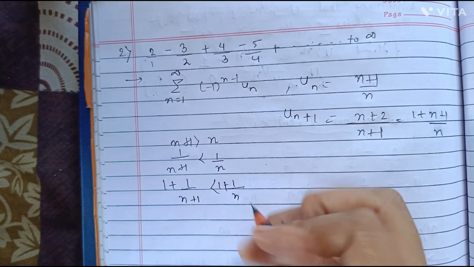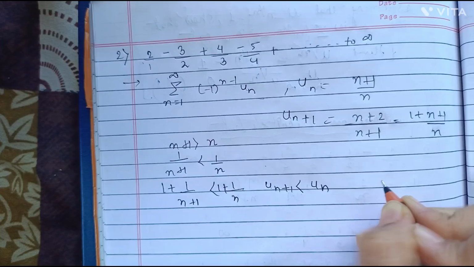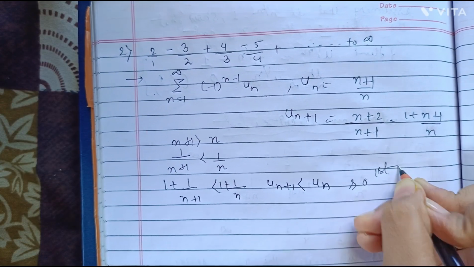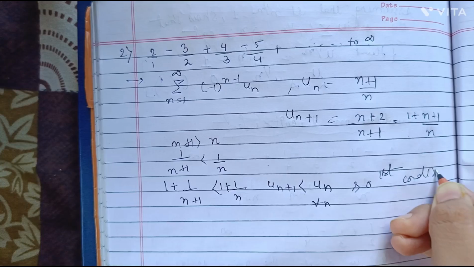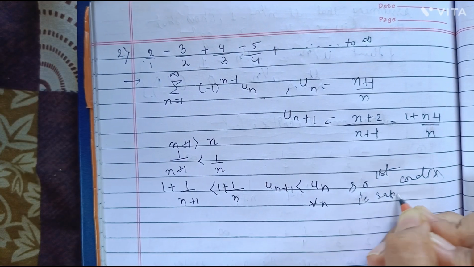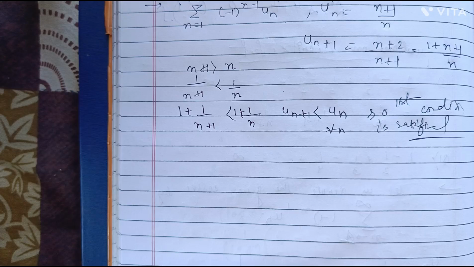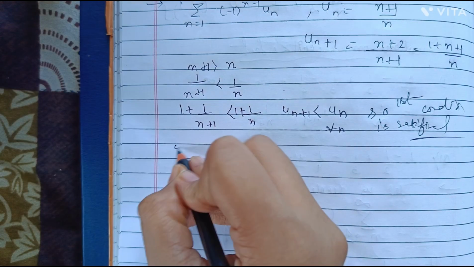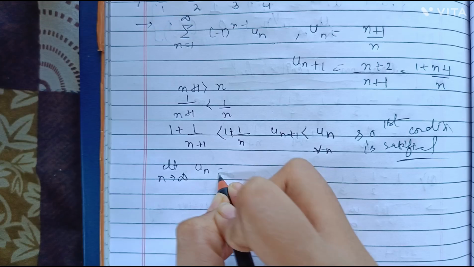So from this we can say that un plus 1 is less than un for all n, so the first condition is satisfied. Just ignore my writing. Now the second condition, check. I'm putting the limit n tends to infinity in un.